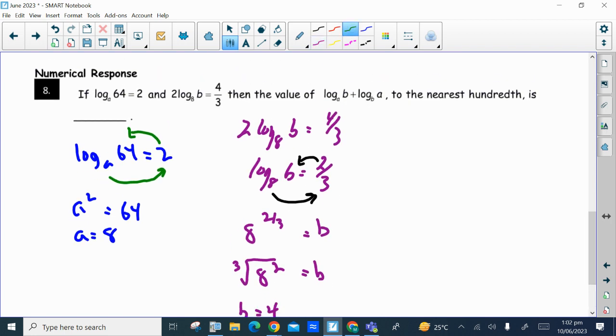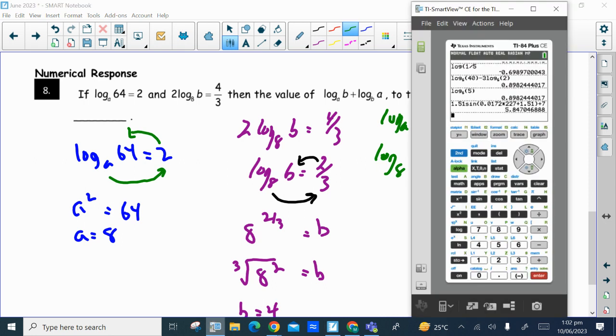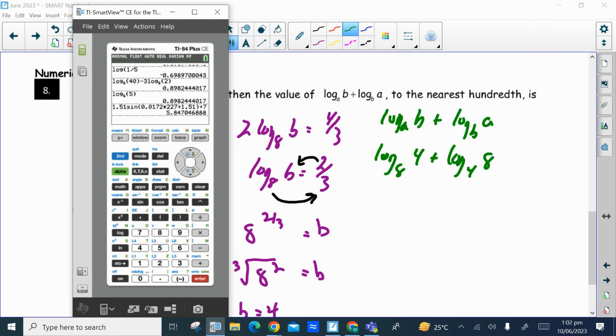And we are asked to find what log base a of b plus log base b of a equals. So it'll be log base 8 of 4 plus log base 4 of 8. And we can evaluate these on our calculator. Log base 8 of 4 is a rational number, actually 2/3.